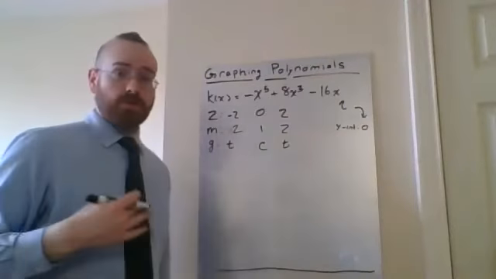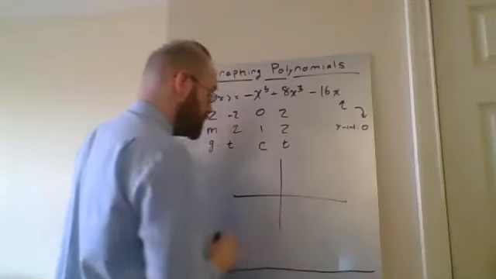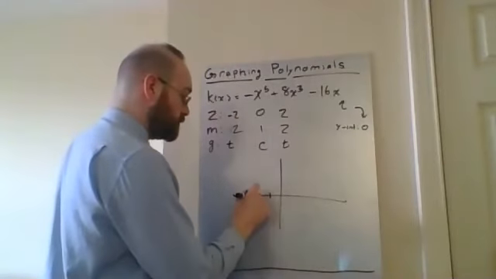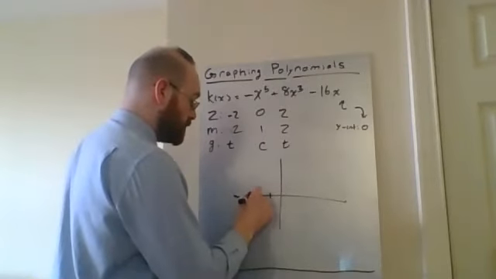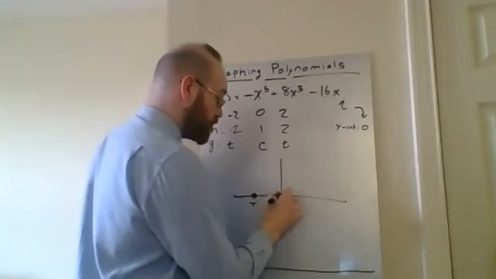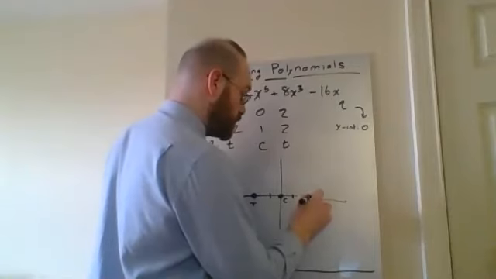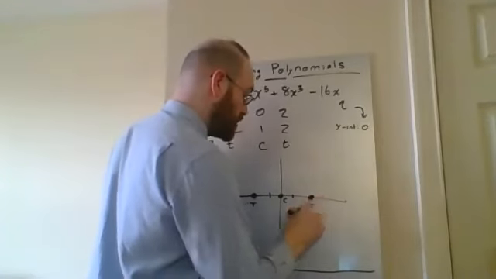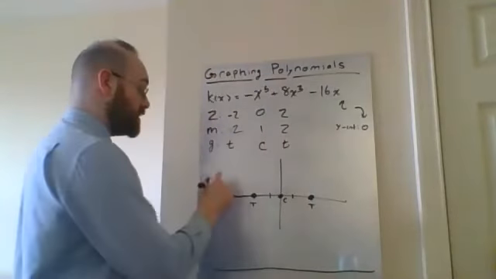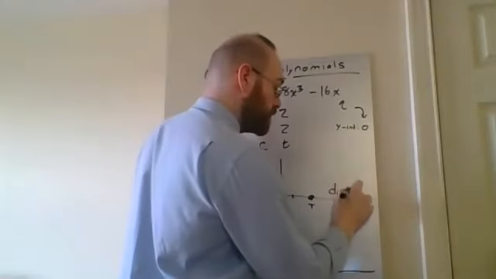Now step 4 is to plot and label. Step 5 is to draw the graph. So I need to go to negative 2, and this is going to be a touch. And then 0 is going to be a cross. That's also my y-intercept. And then positive 2 is going to be another touch. And then I start up on the left and down on the right.